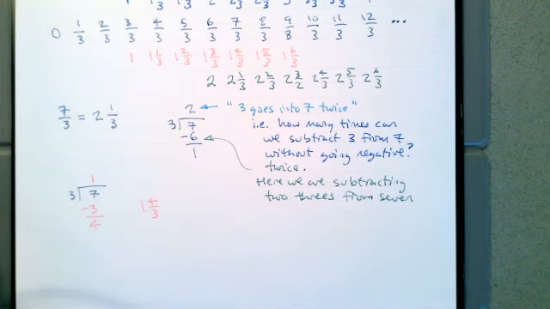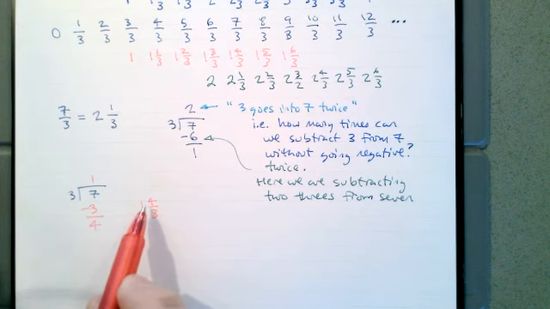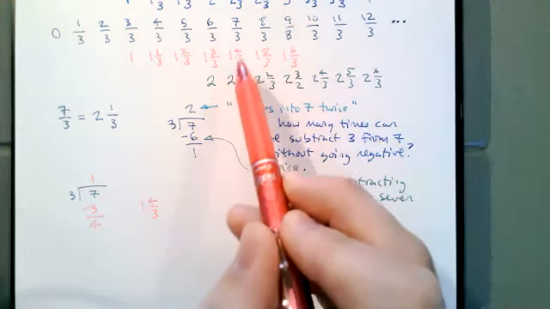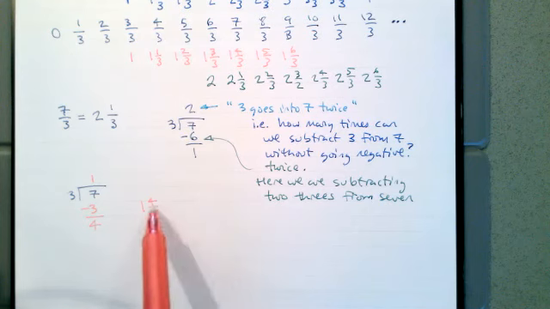And then we'd say, oh, hang on. I could have subtracted another 3 from the 7 because I've got this 1/3 here. Notice that 2 1/3 is the same as 1 4/3. I've got too much. I have another whole number in this 4/3.